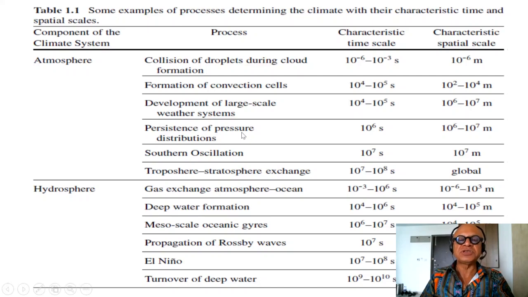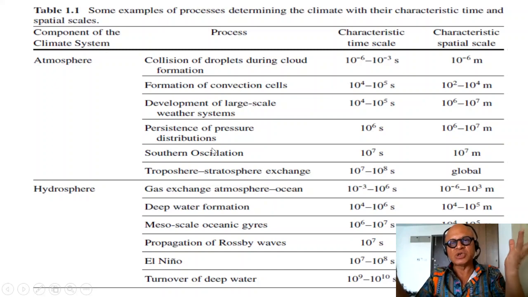Persistence of pressure distributions, 10 to the 6 seconds, days, to 10 to the 6 to 10 to the 7 meters. Very large scale pressure distribution patterns happen. Southern oscillation, which we have learned as El Nino, which we will again visit a little bit, and I have podcasts and lectures on this topic you can look up.